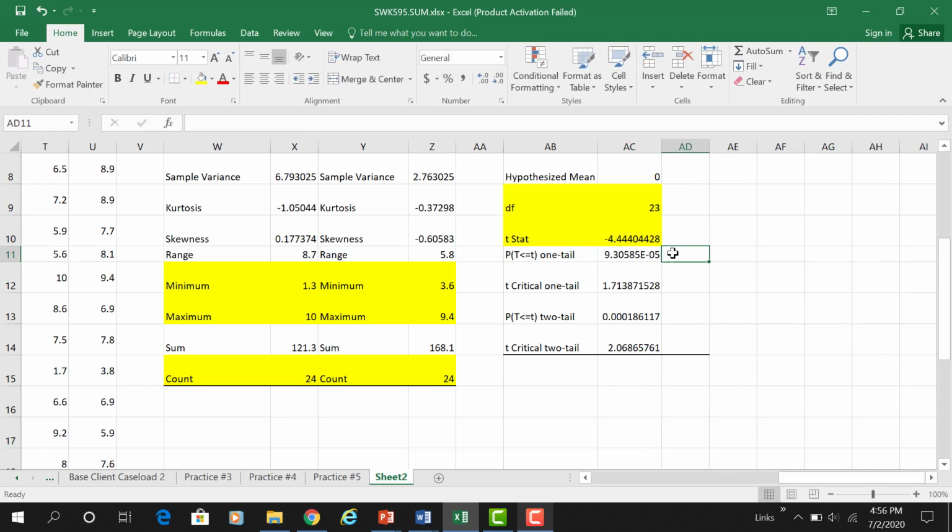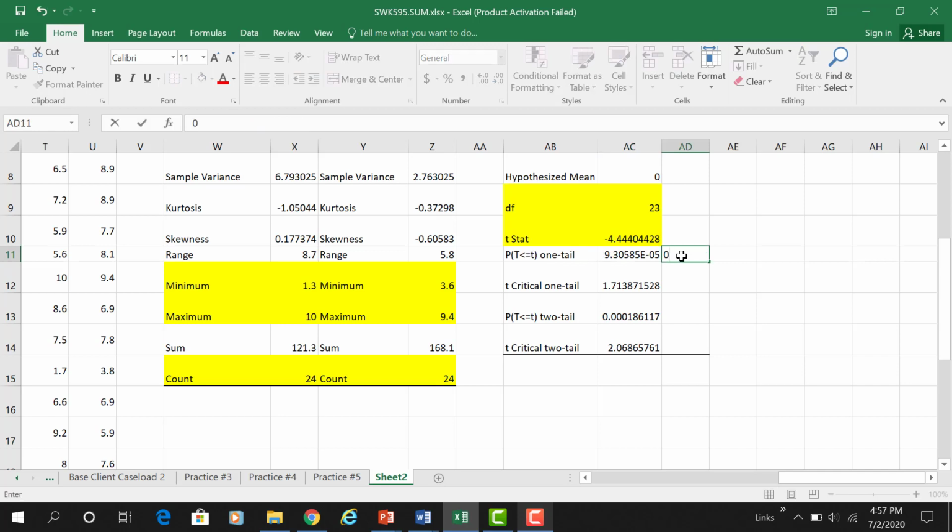Last week we did this, and I forgot to tell you there's an easier way to determine this when you get your one-tailed or two-tailed result with the E-05. If you double click on that, it actually shows you the number. The -05 just means you're going to have 5 zeros: 1, 2, 3, 4, 5.